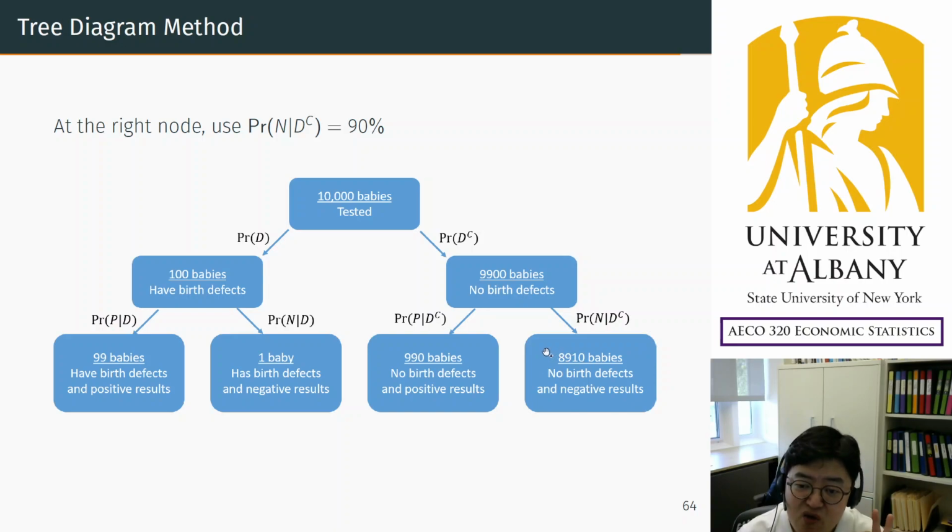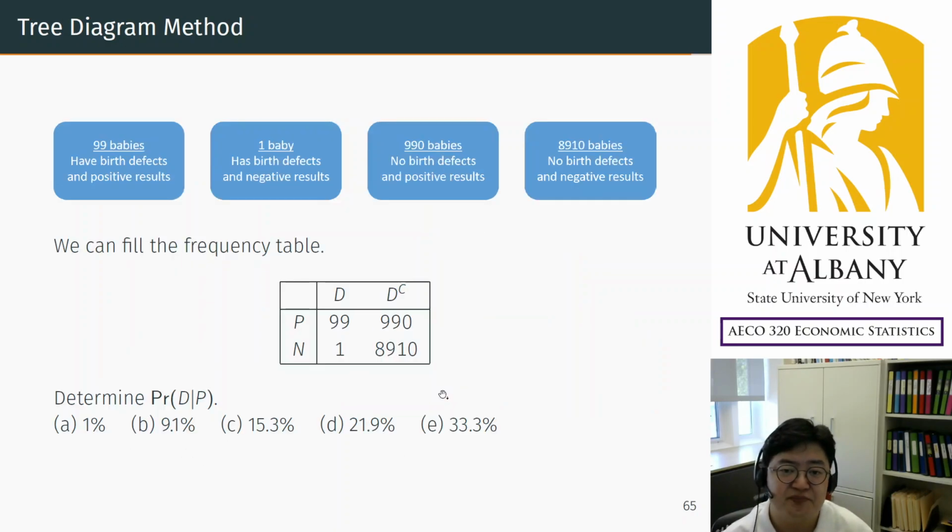Okay. However, due to the 10% error probability, 10% of 9,900 will have positive, false positive results. That is 990 babies. Okay, so already it's done. 4 categories filled into the 2x2 table like this.